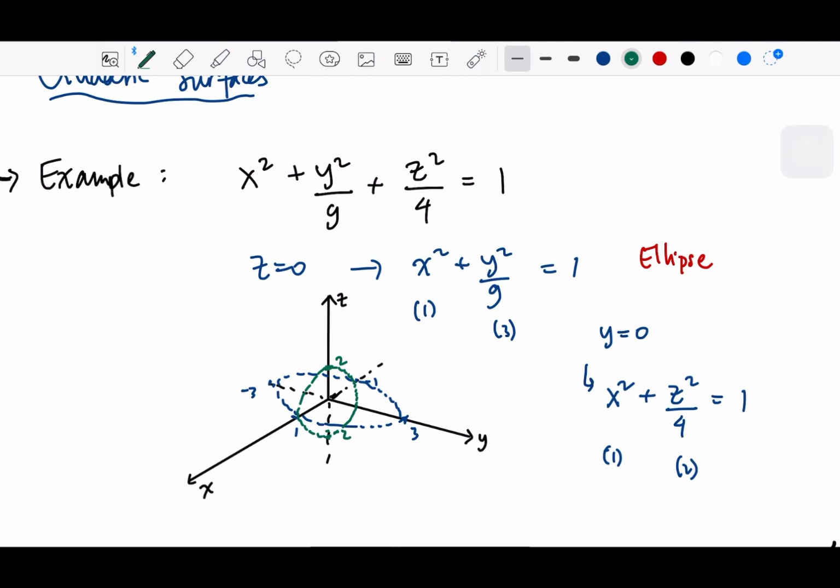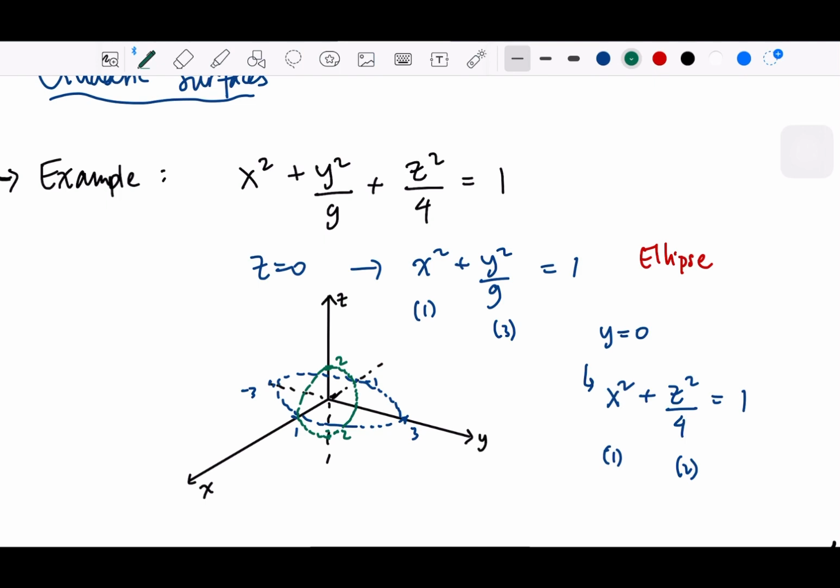And if we imagine, let's say we take z as some constant, then this will move. If z is on the positive side, this goes up on the upper side. If we take z as negative, we go downside, right?